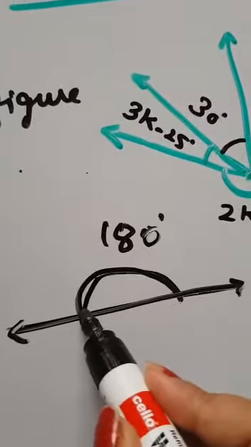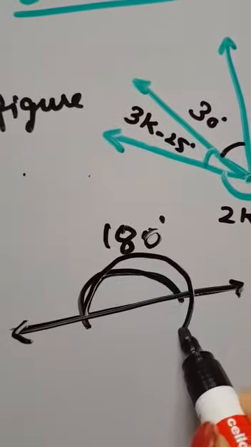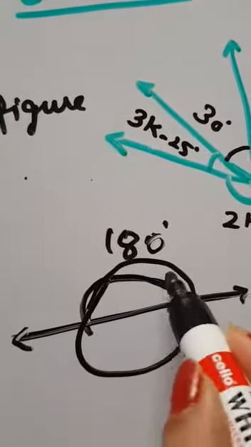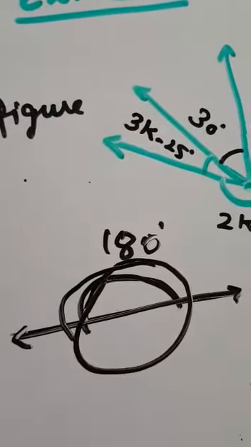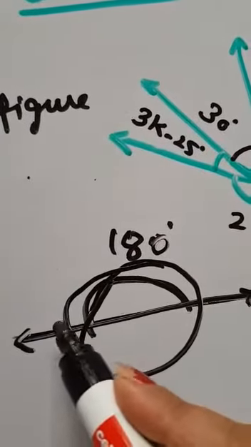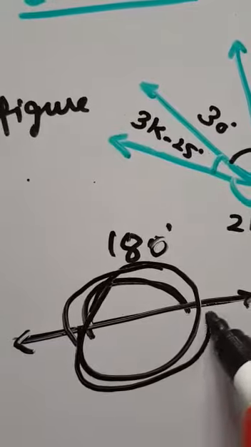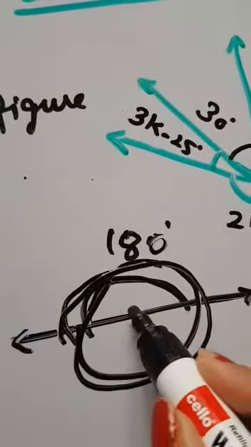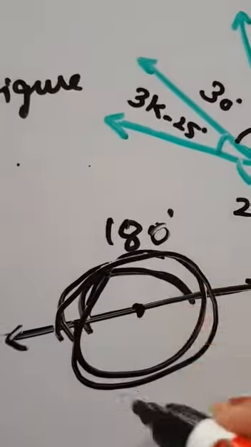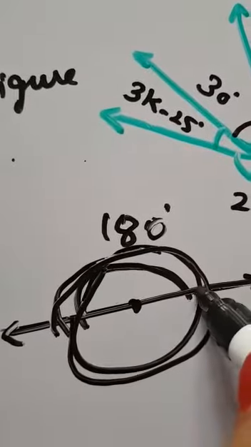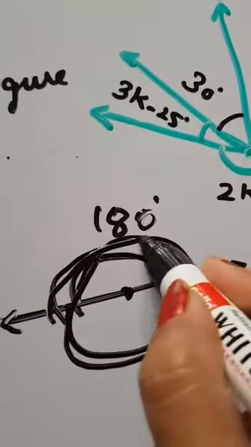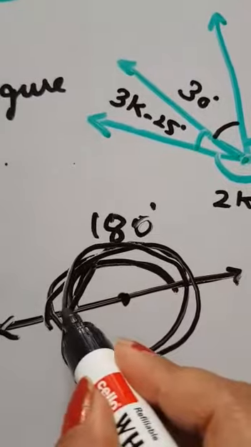Now if I complete this semicircle into a circle, then it becomes a complete angle. This is the point around which the angle is moving. If I start from here, this is 0 degree. From here till here, it is 180 degree.